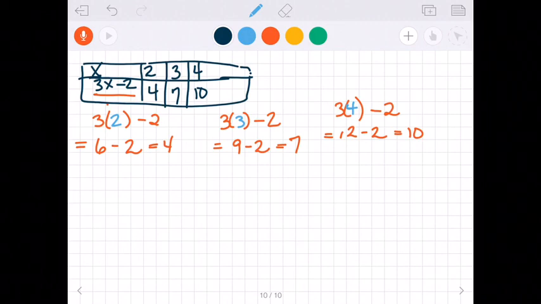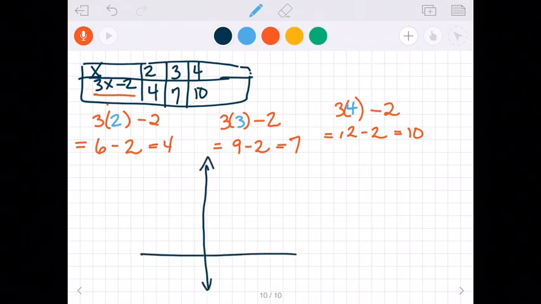Okay, you can draw your X and your Y. Remember, Y is our vertical and X is our horizontal. We're not dealing with any negative numbers. We're only dealing with positive numbers. So 1, 2, 3, 4. Those are the numbers on X that we're using.